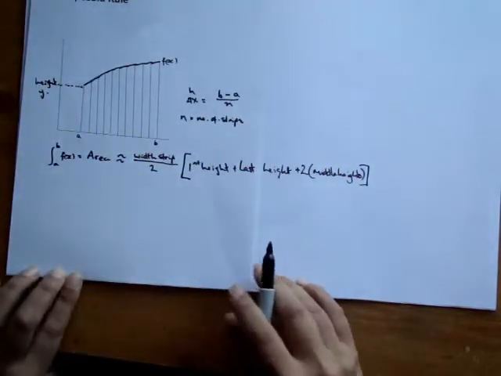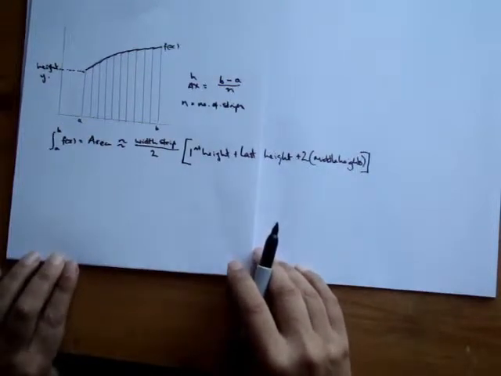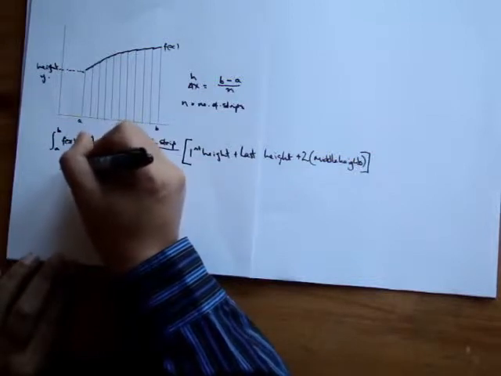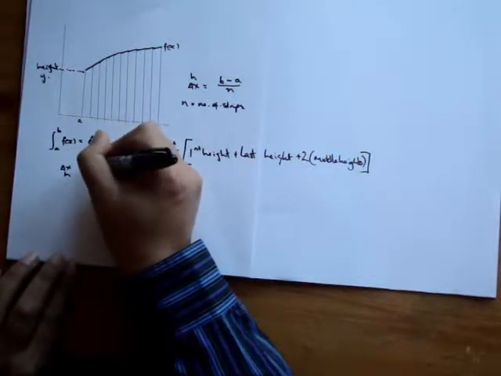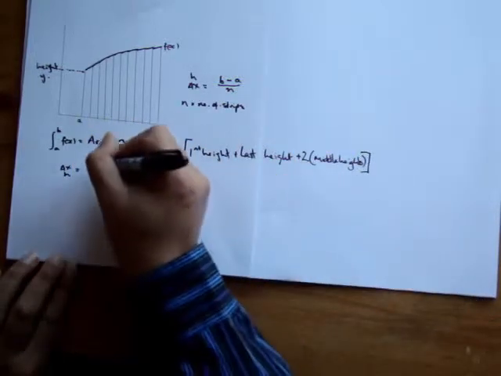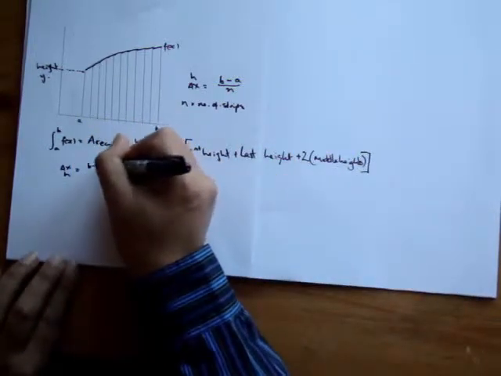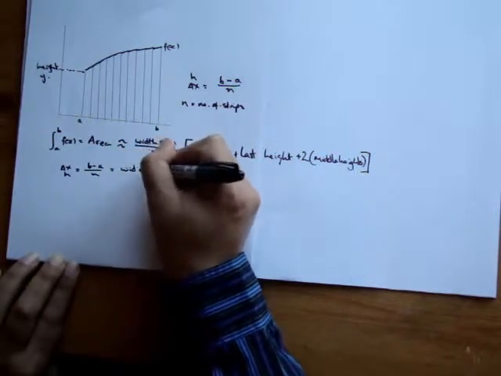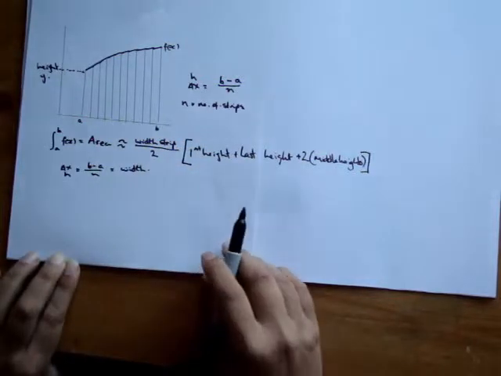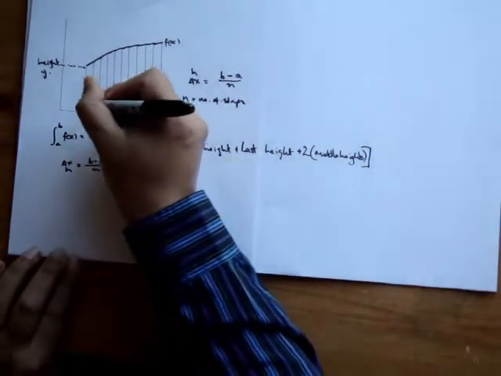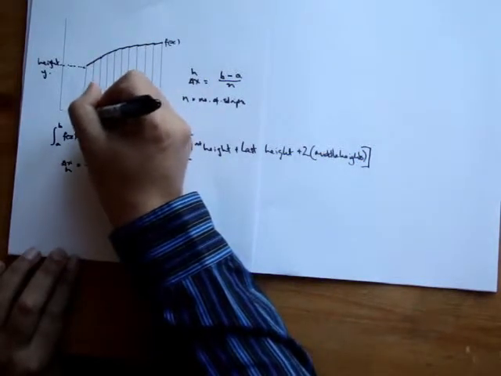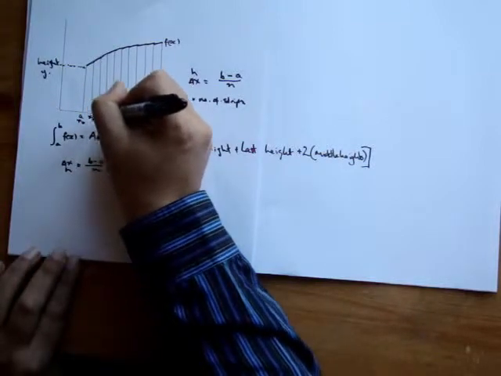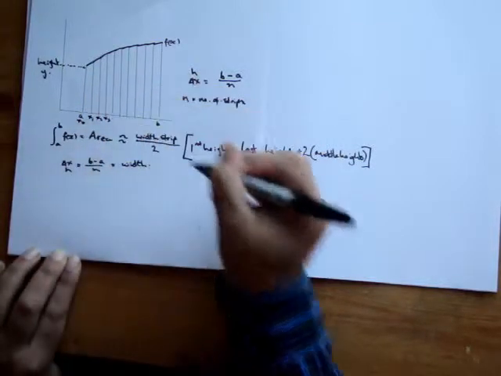So what do we do here? What we need to do is we need to get the width. So we get first of all delta x, or h, and that would give us the width, which is b minus a over n. Then we need to make a table, and on the table we put a as x0, then the edge of the first strip x1, x2, x3.